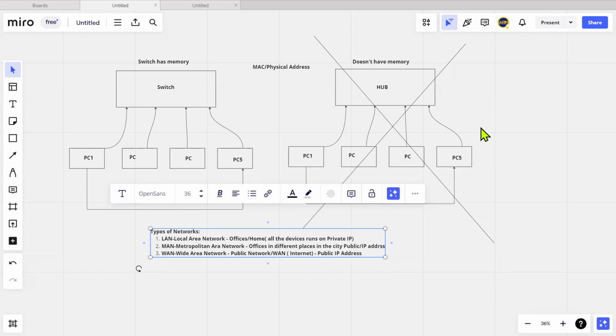See, here we need to understand that in the private network, we use private IP addresses. In the public network, we use public IP addresses. Okay, so I will give you more insight about this. Don't worry.